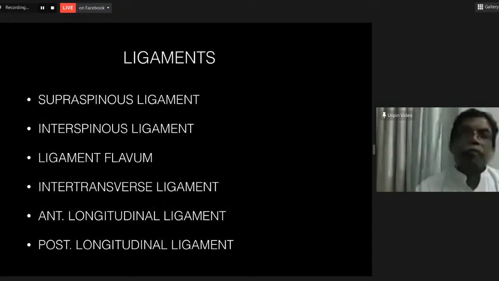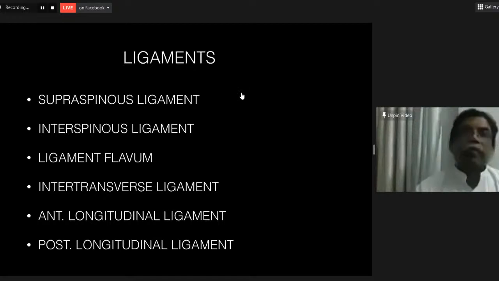The spine, of course, consists of the vertebrae and then the ligaments which hold these vertebral bodies together. The most important ligaments are the supraspinous ligament, the interspinous ligament, the ligamentum flavum, and then on both sides the intertransverse ligament, and the posterior longitudinal ligament.